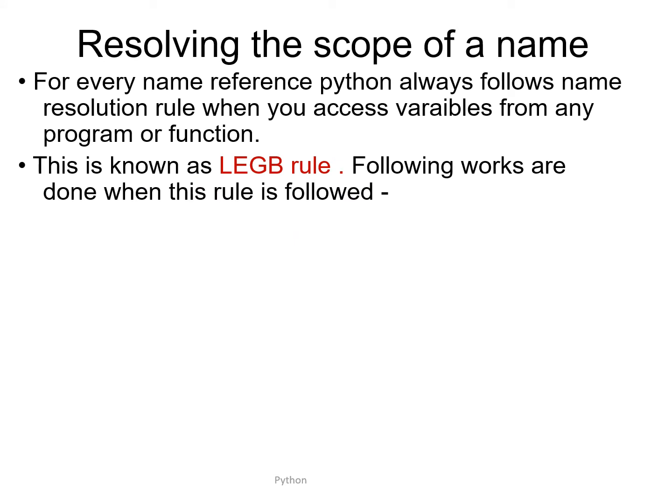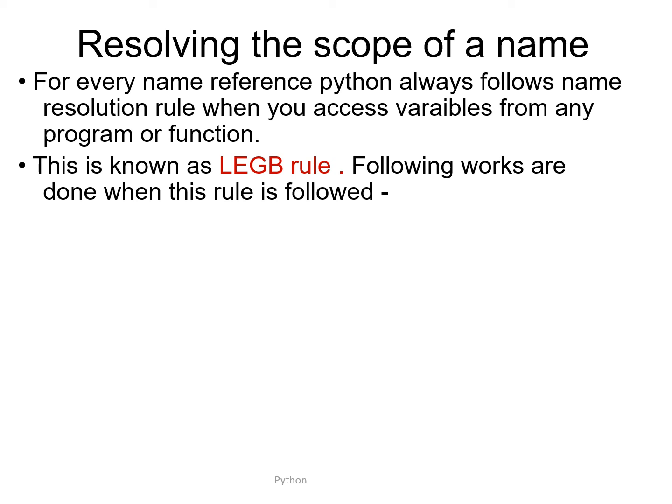Now suppose we include some modules in our program, and these modules come with their own functionality, their own variable names, their own function names, and in our program we also write some variable names, function names, etc. Now there may be a conflict between our variable name and the module variable name.